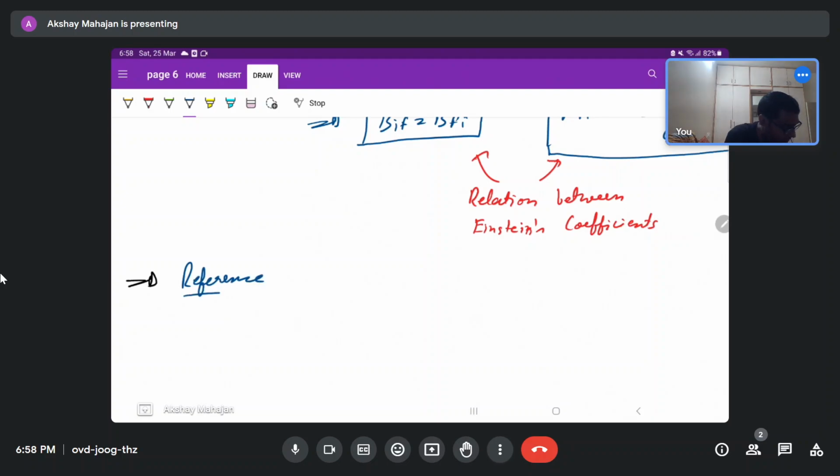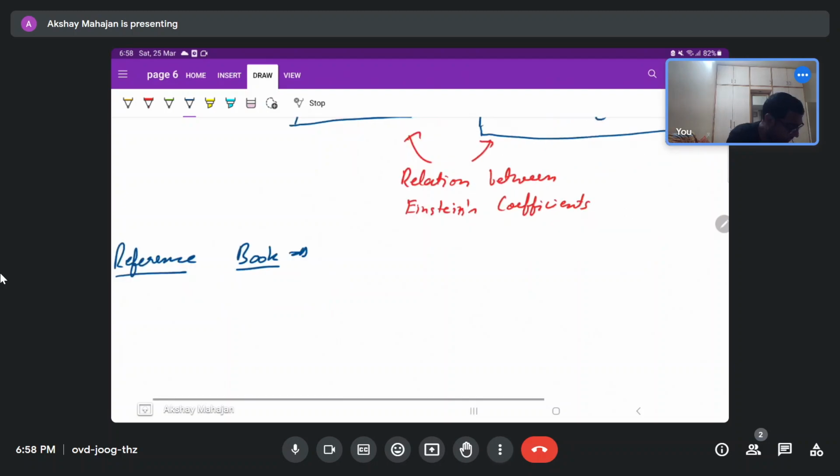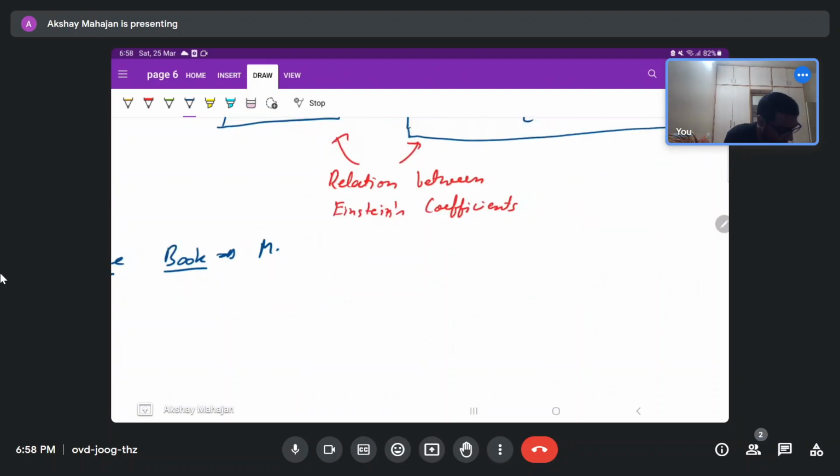The book is Molecular Quantum Mechanics.